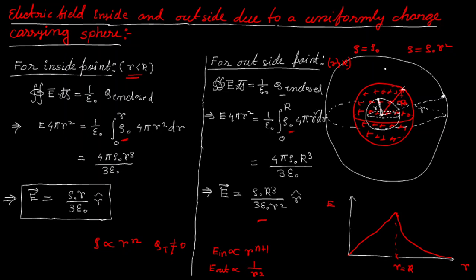If it is not uniform but some function of r, then we just replace this rho naught by the given charge density, and from there we can calculate the electric field at inside as well as outside points. However, if we have a uniformly charged sphere and we make a cavity inside it, and we want to calculate the electric field inside the cavity or the resultant electric field outside the sphere with this cavity, how can we calculate this electric field?